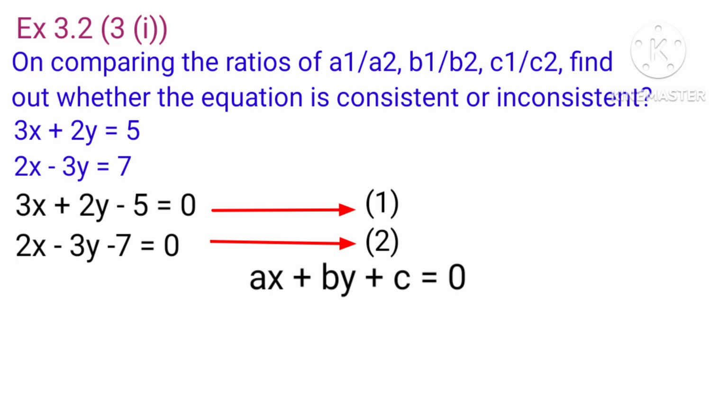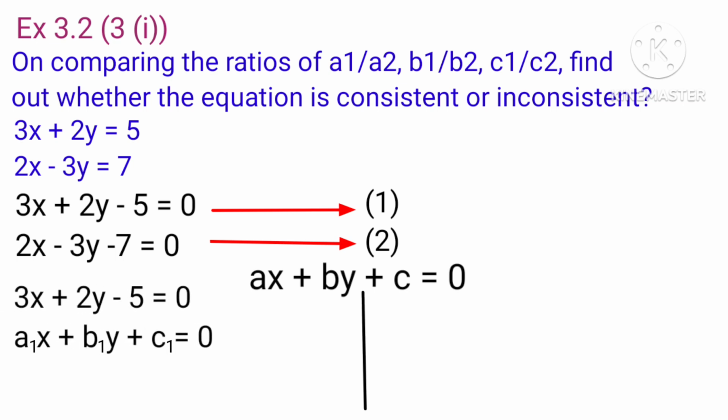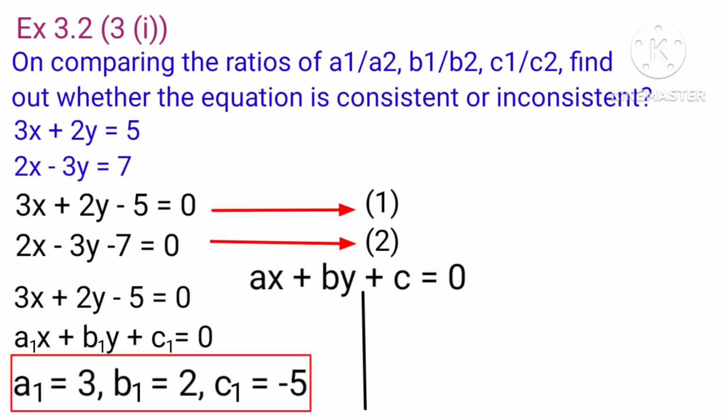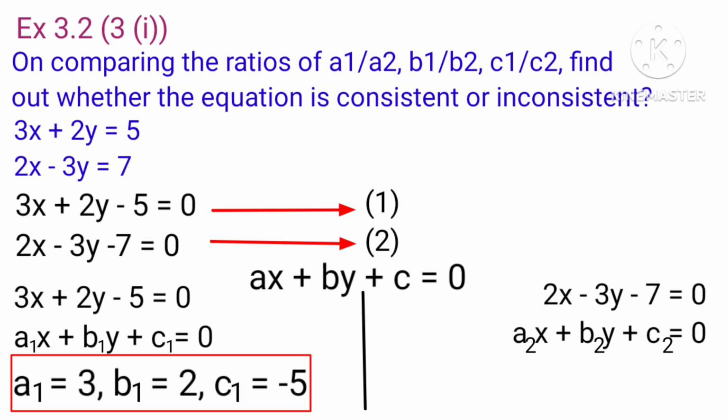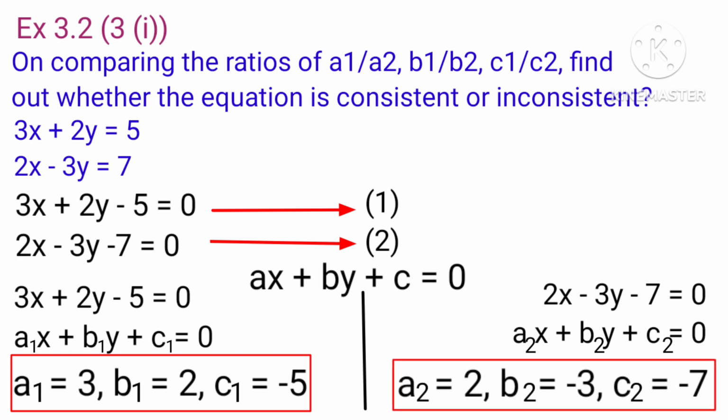So we have two equations in this. When we compare with 3x plus 2y minus 5 is equal to 0, we get a1 is equal to 3, b1 is equal to 2 and c1 is equal to 5. When we compare the second equation, a2 is equal to 2, b2 is equal to minus 3 and c2 is equal to minus 7.